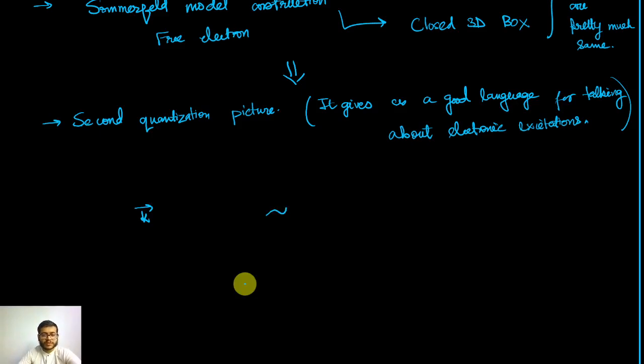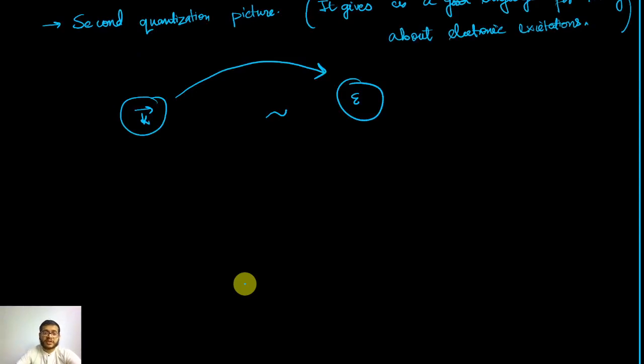But we would want to work more with the energy, because when we do practical calculations, the thing we are more concerned about is energy. So everything will be defined in terms of energy, not in terms of k. And that will lead us to introduce a very important quantity, which is called the density of states.